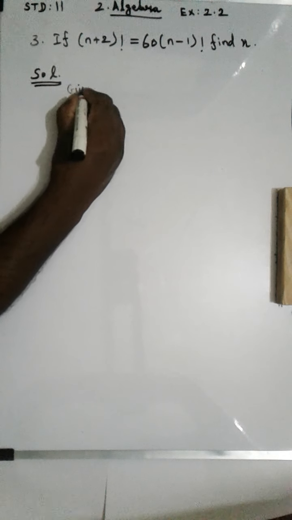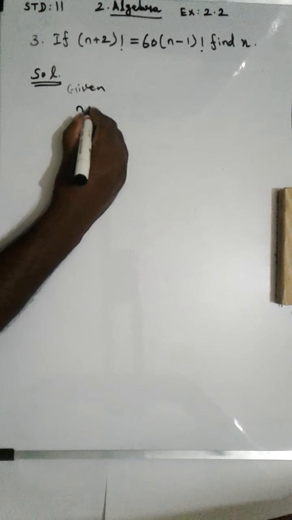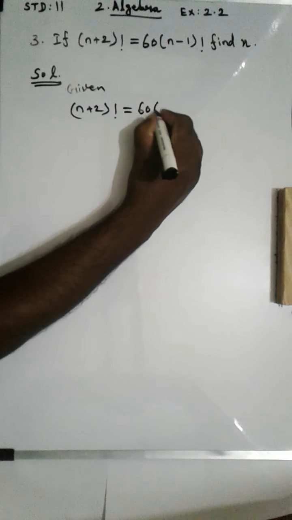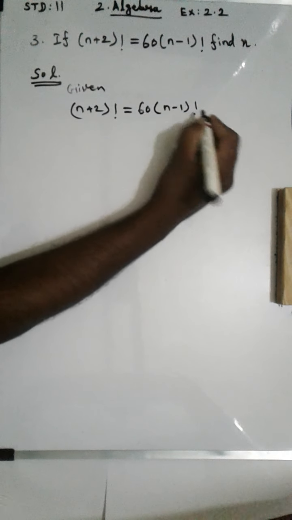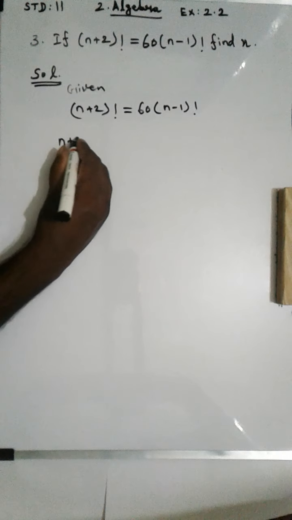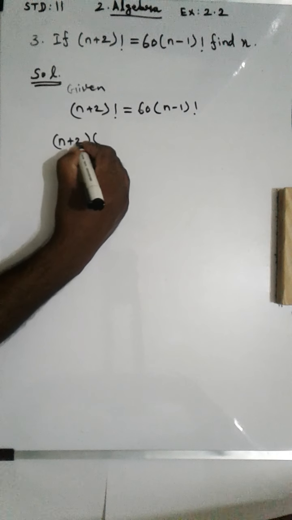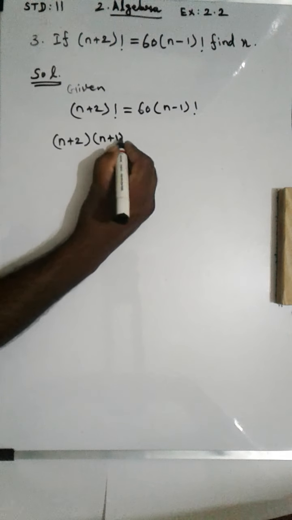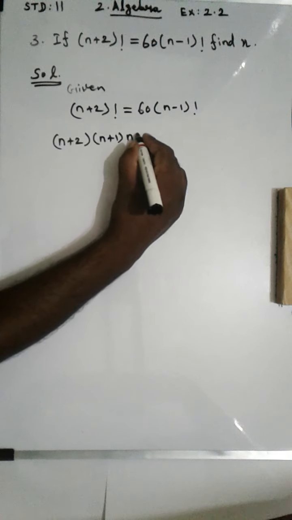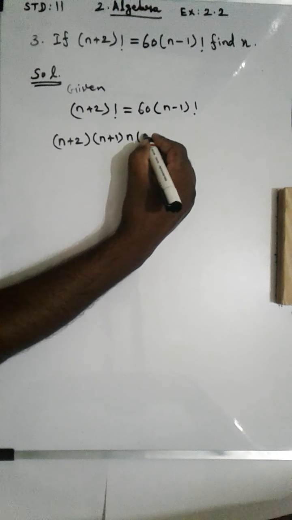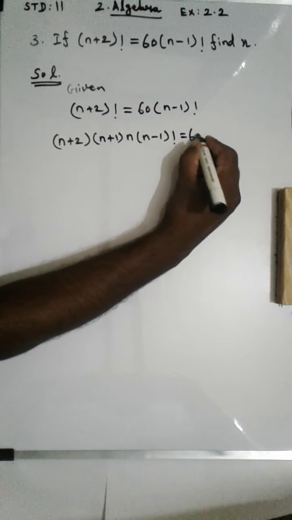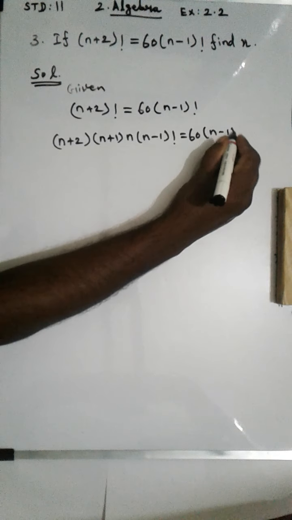Given n plus 2 factorial equals 60 into n minus 1 factorial. n plus 2 factorial is, we should write n plus 2 into, next 1 minus, then n plus 1, again 1 minus, then n into, again 1 minus, n minus 1 factorial, equals 60 into n minus 1 factorial.